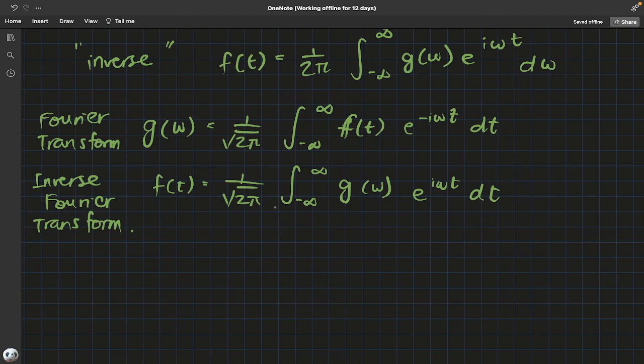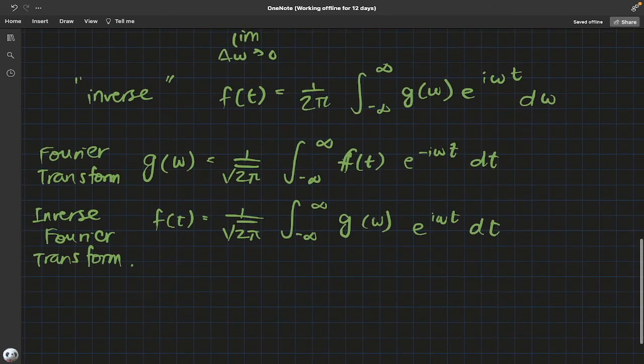We're just a little more symmetric about this. Some textbooks will just have a 1 over 2 pi up front like that. And this is nice because g of omega is the appropriate weighting factor that will make f of t aperiodic completely. A better way of saying it is that we know what f of t is. It is an aperiodic function, of course.